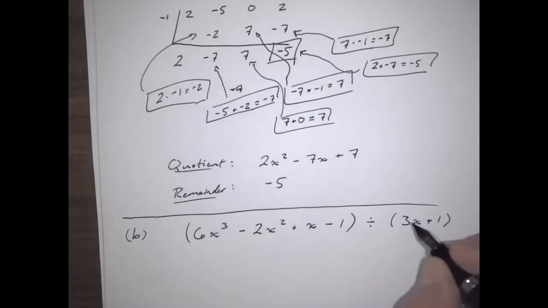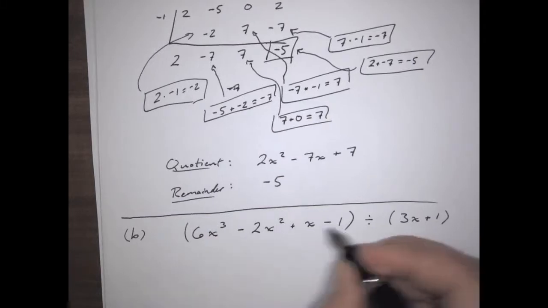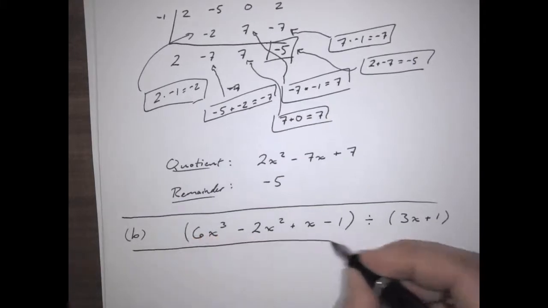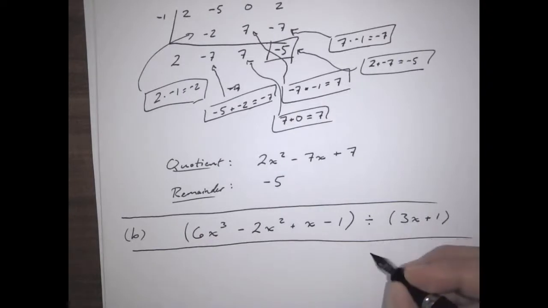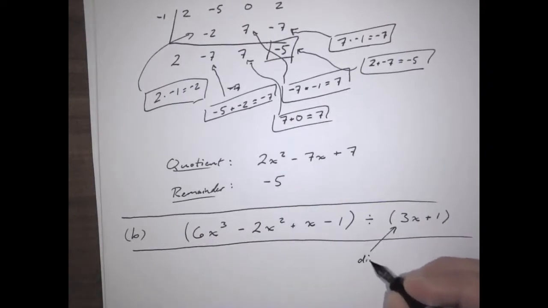So in order to make this work, what we have to do is we have to divide everything by the 3. Divide all terms by 3.